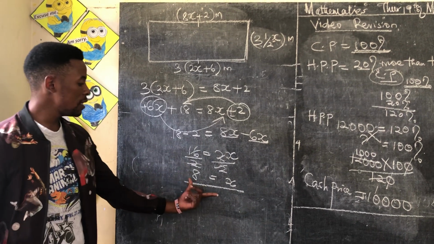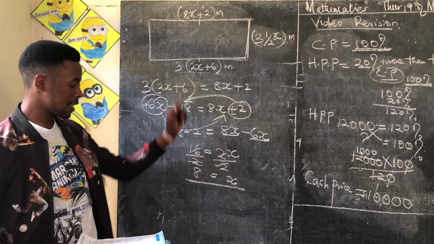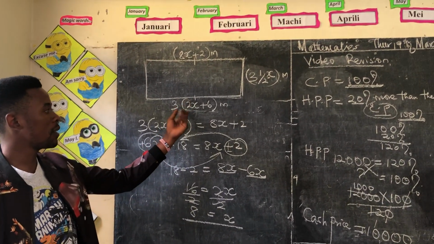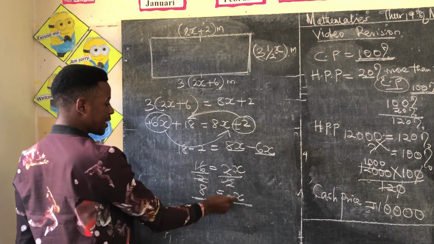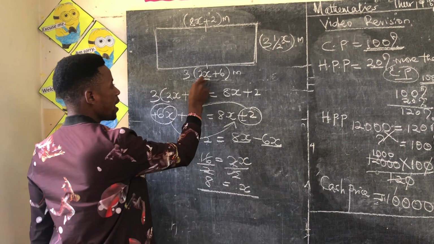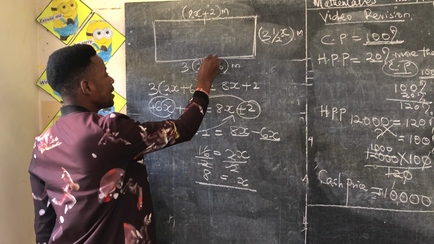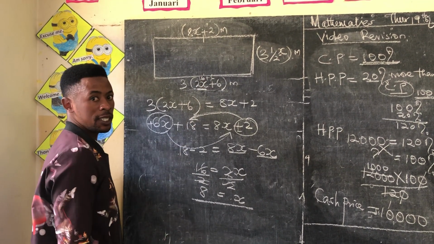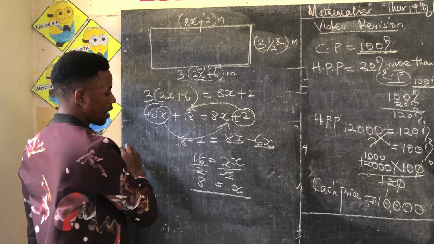Now, having got the unknown letter, which is x as 8, now we can do something called substitution. So, what if x is 8? 2x will be what? 2x will be 16, right? Plus 6, which is 22. 22 times 3. I hope you're getting that.